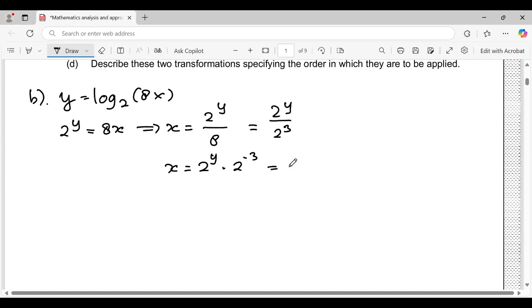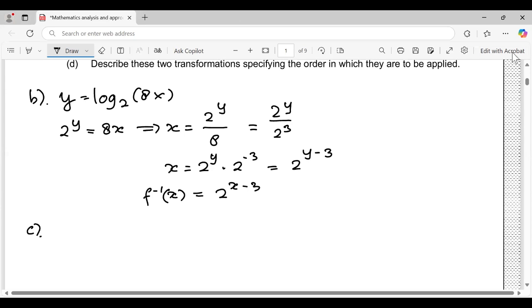And it becomes x equals 2 to the power y minus 3. So it means the inverse of f(x) equals 2 to the power x minus 3.